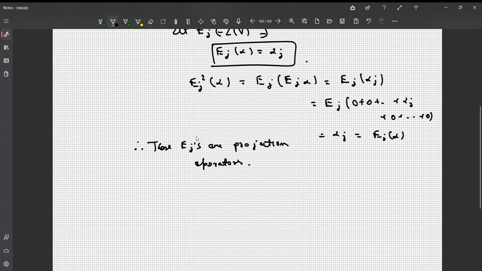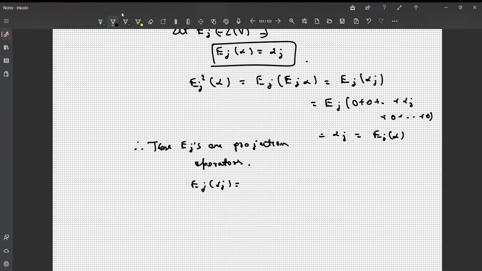What is the range of Ej? Suppose we choose an element from Wj. We know that an element is in the range of Ej if and only if Ej of alpha is equal to alpha. So what is Ej of alpha j?